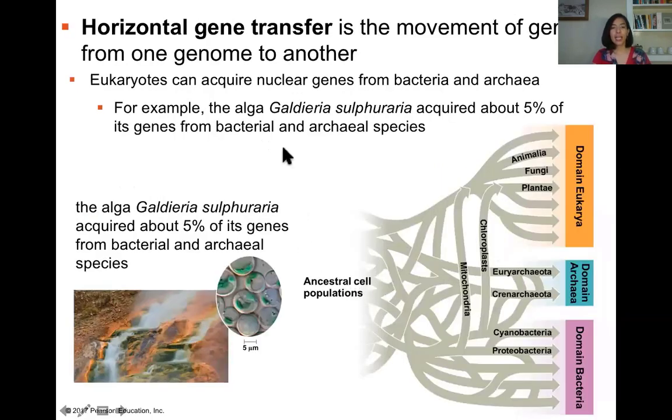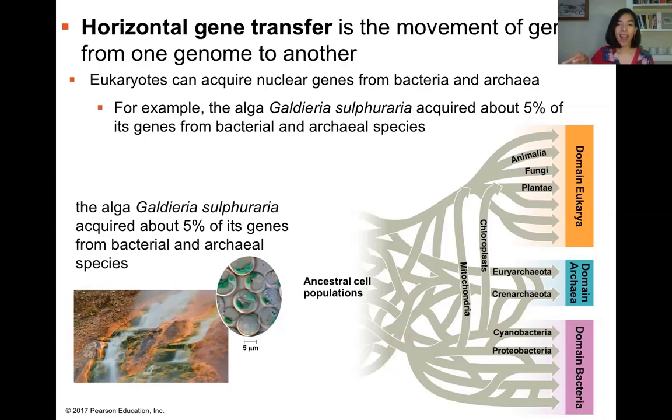Now, the evolutionary history early on, during the origin of life, is very messy. And it's messy because species, in particular in Archaea and Bacteria, are able to have horizontal gene transfer. Horizontal gene transfer is the movement of genes from one genome to another. An example is Galdieria sulphuraria.